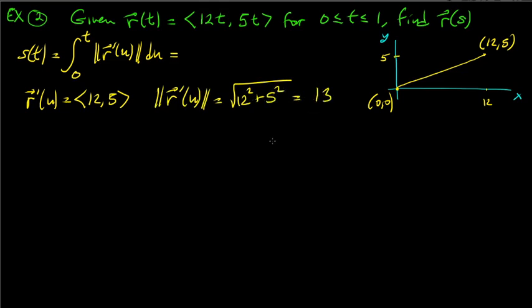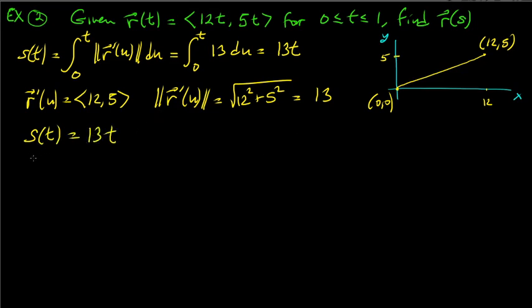And so you get the square root of 169, which is 13. So you're just integrating from 0 to t of the constant, the number 13. So you just get 13t minus 13 times 0, so you just get 13 times t. Okay, so that's s of t. It's just 13 times t.